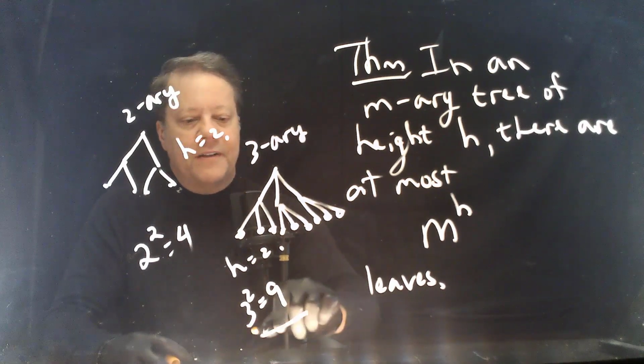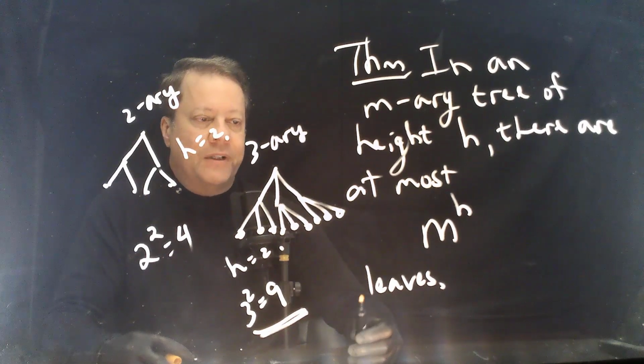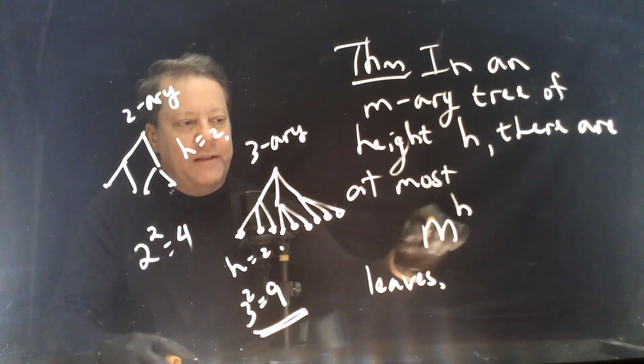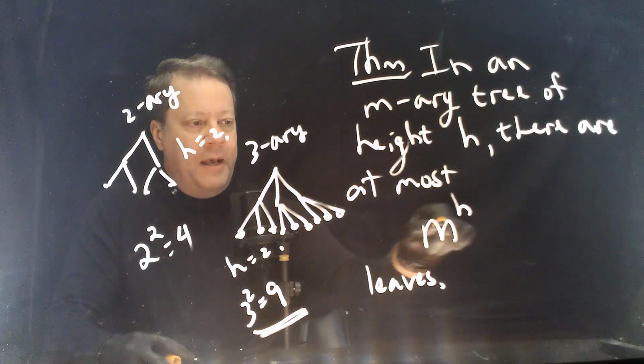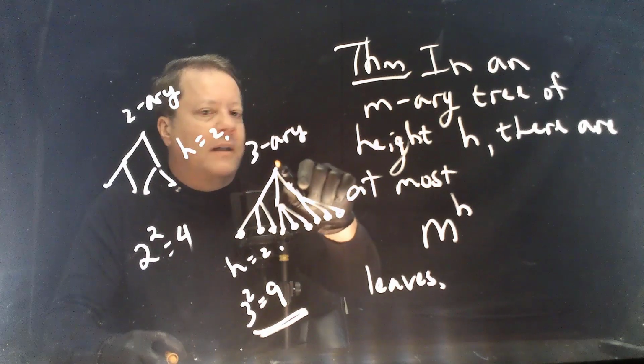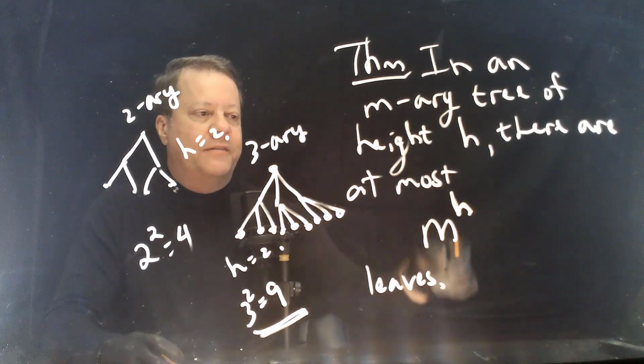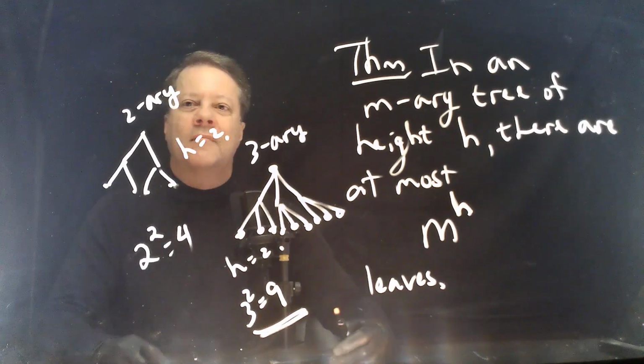But if it's full, that gives you the highest number of leaves that you can get, and it will be m, the number of branches coming down from each internal vertex, to the power of the height h.